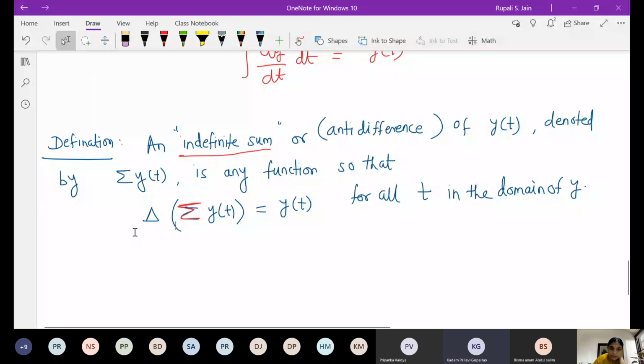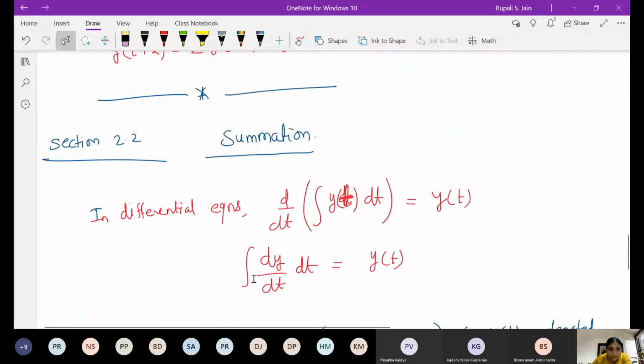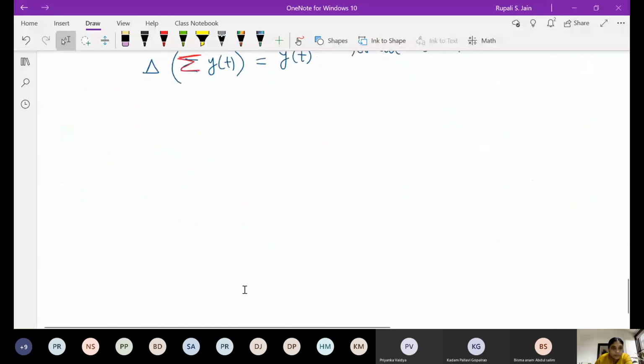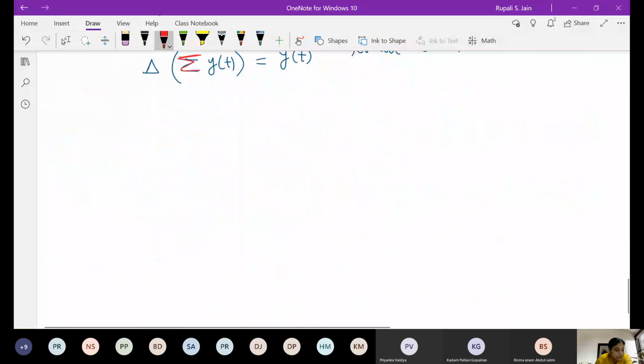The summation y t is any function which, when I apply delta on it, I should get the original function. Okay. Now here what we say is, it is an indefinite integral. Indefinite integral means, for example, what is the indefinite integral of cos t?